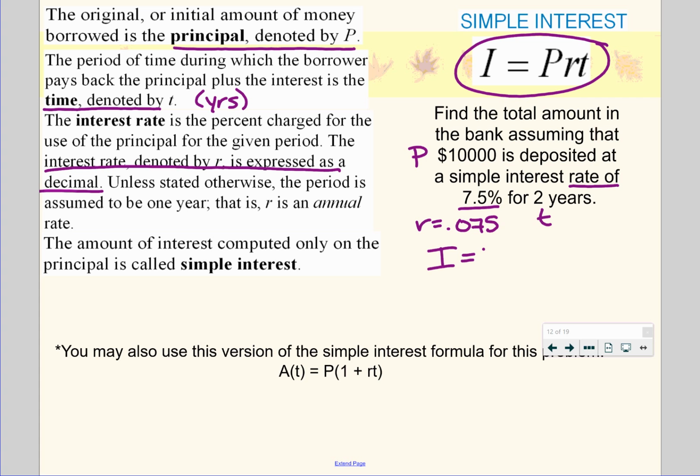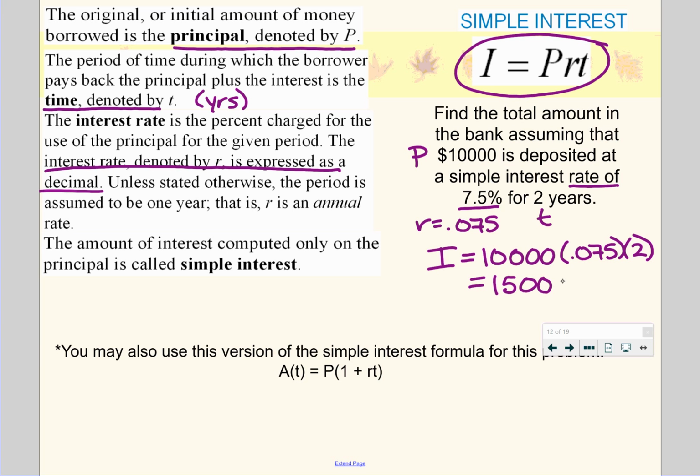I equals PRT, 10,000, 0.075 times 2. All right, now I'm going to calculate. I get 1,500. That is the interest after 2 years.